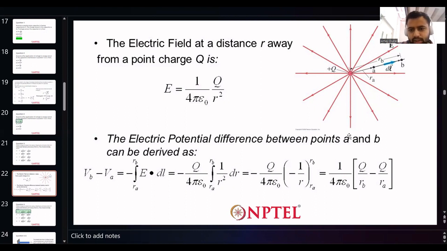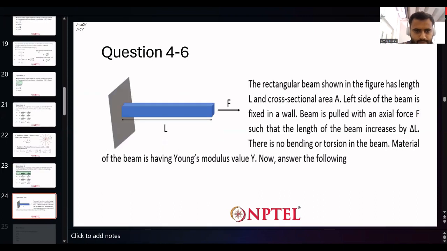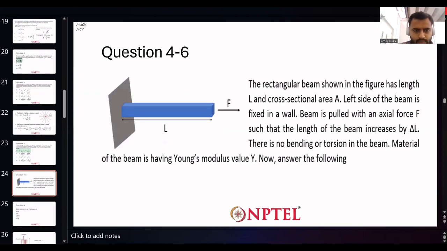Here you are just moving the charge from the origin to R. The origin is considered zero, so your answer will be Q by R. So the answer for this is option A, E is Q upon 4 pi epsilon naught R square, and V is equal to Q upon 4 pi epsilon naught R. So we move to the next question.